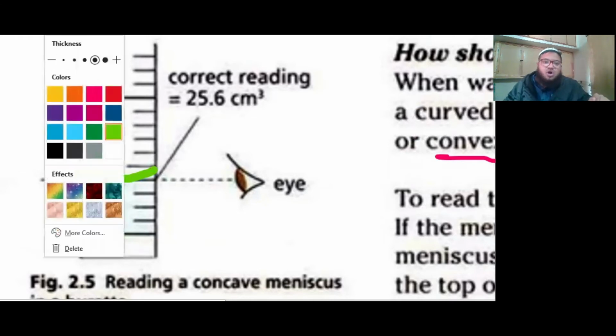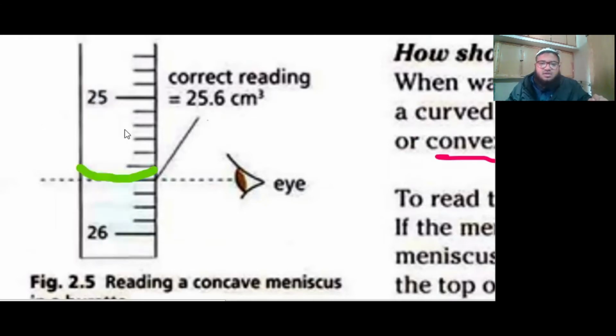Or you could think of it this way: since a depression has been formed, meaning the surface has gone inside, a hole has been produced over here, that's why it's called a concave meniscus.